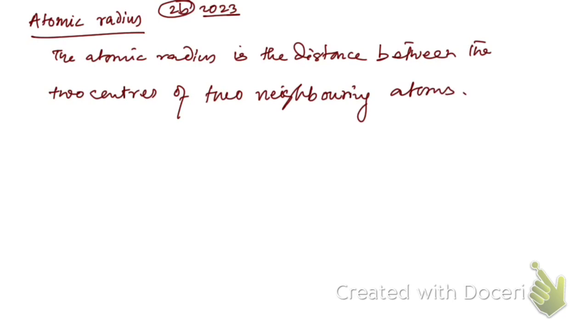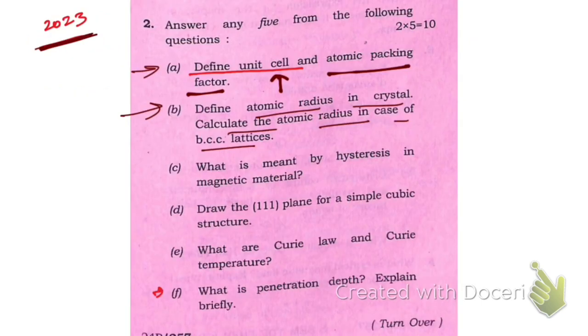And the next part is the atomic radius in case of a BCC lattice.